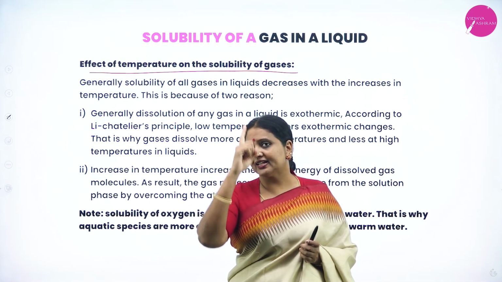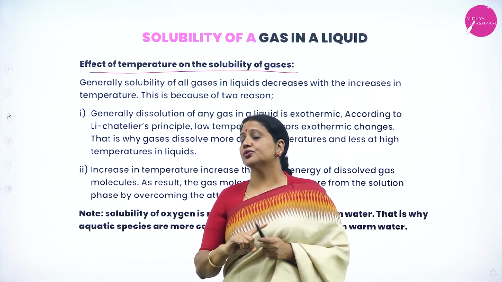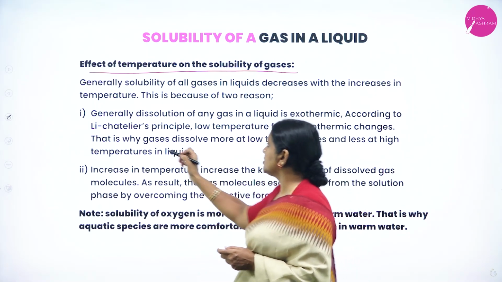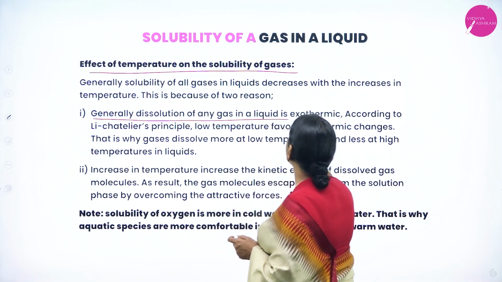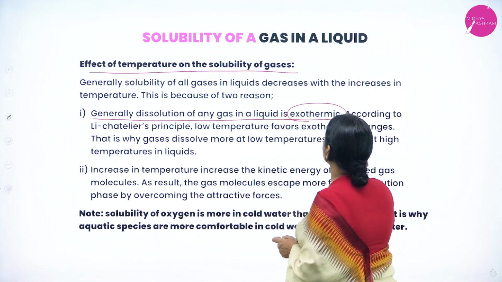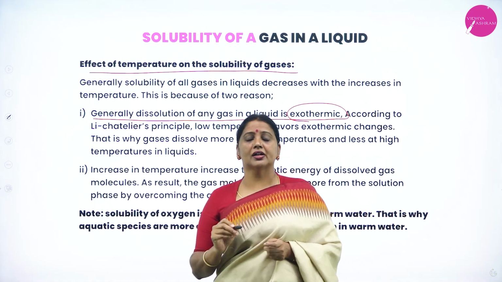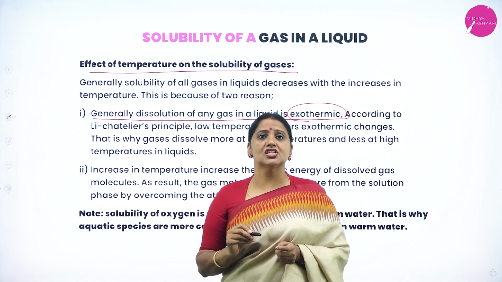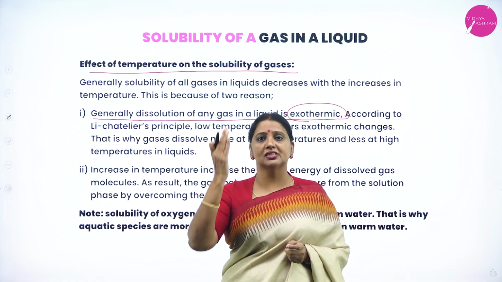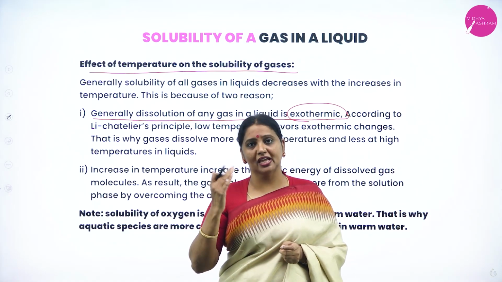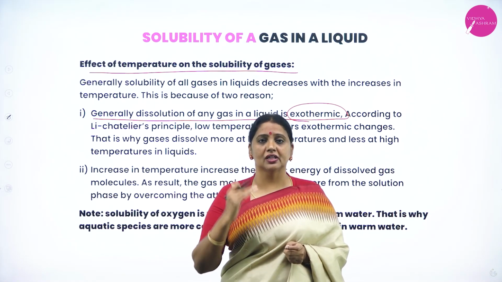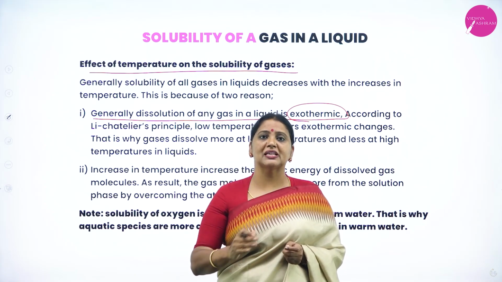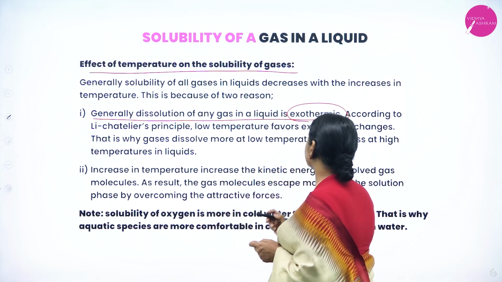According to Le Chatelier's principle, as you increase the temperature, endothermic reactions are favored, so we can say exothermic reactions are favored at low temperature.